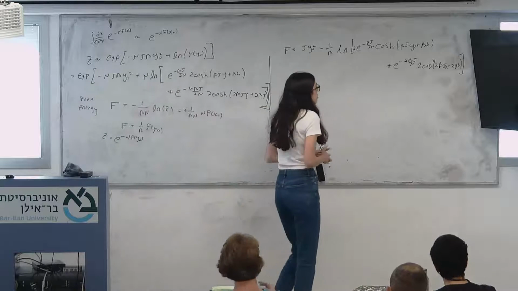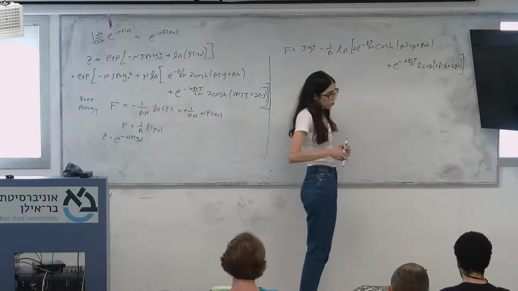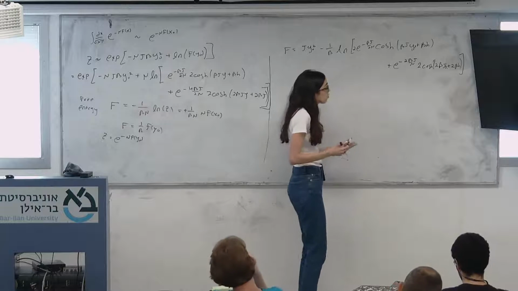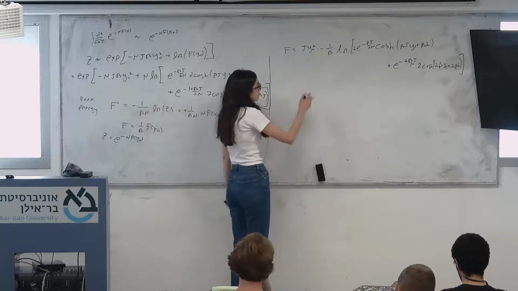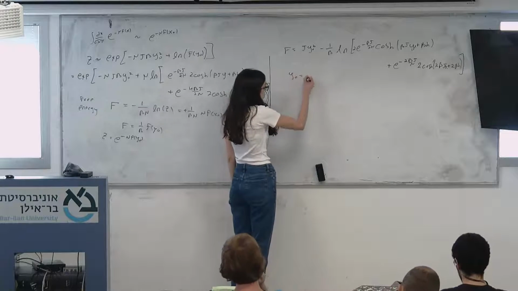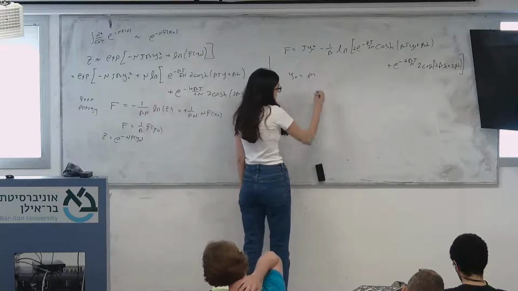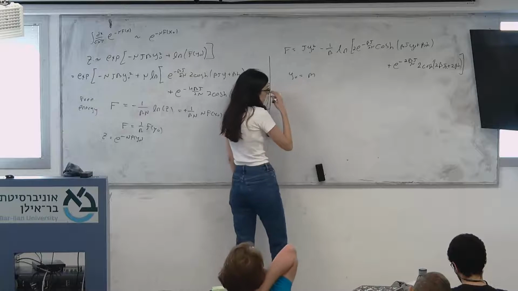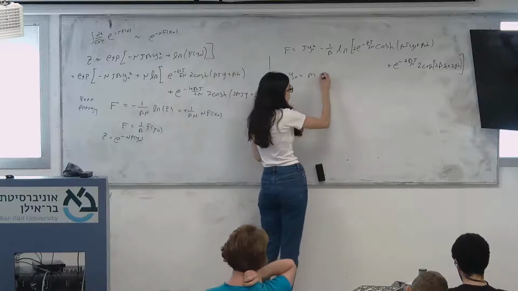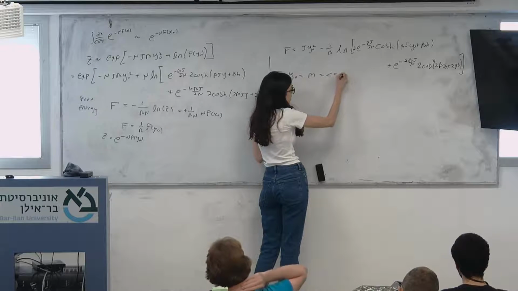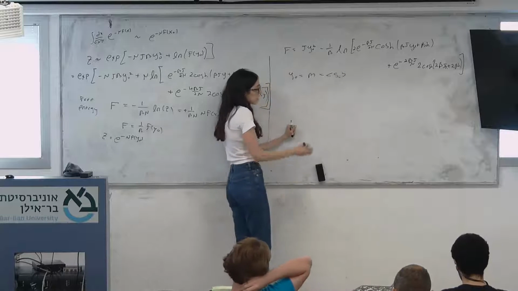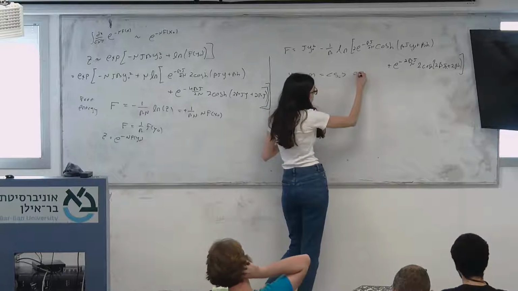What you can show, and you did show, is that y0 is actually what's called the order parameter, which is m. So it's like the average magnetization. It's defined like the average of the spin S_i. So this is called the order parameter.